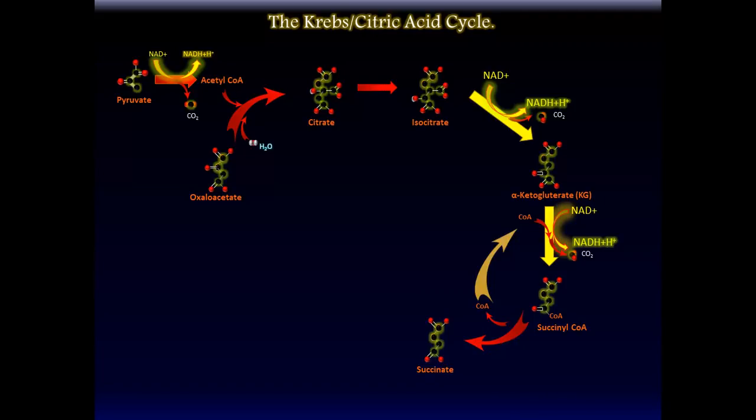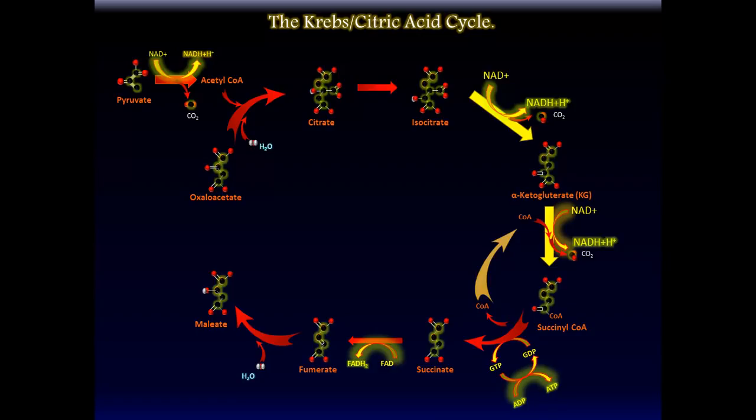Succinate is then converted, sorry, I'm backwards, to fumarate. So this generates one molecule of FADH2. There are 2 electrons, and the 2 hydrogens are just tagging along because they're attracted to the electrons. So this is an electron carrier. And the fumarate, again, is converted to malate, and this requires water.